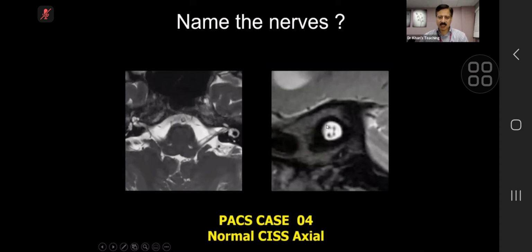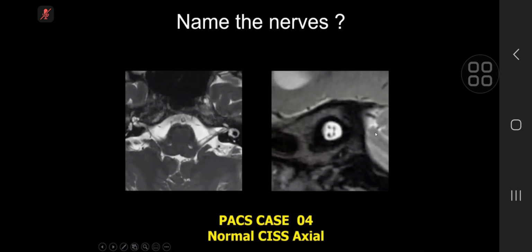Look at this sequence. One of my registrars got it in the exam. The examiner actually opened this first. This is a sagittal oblique CISS sequence through the IAM, and this is the sequence which was opened in the exam. What is the concept? First of all, orient yourself.